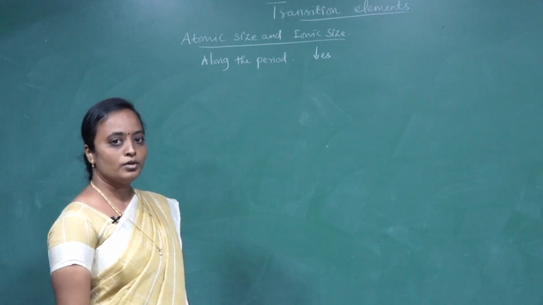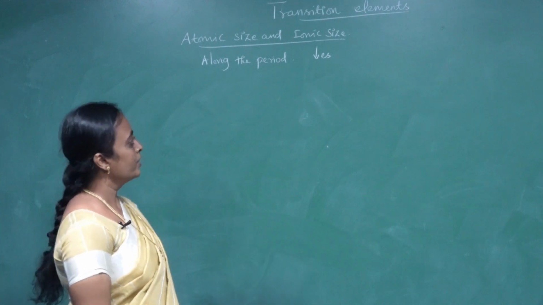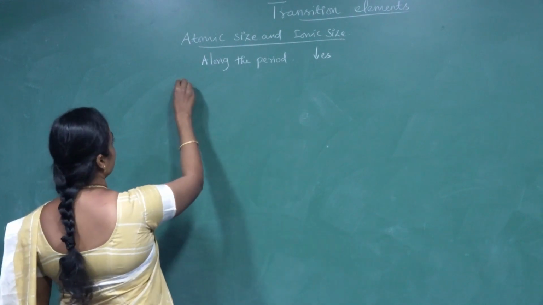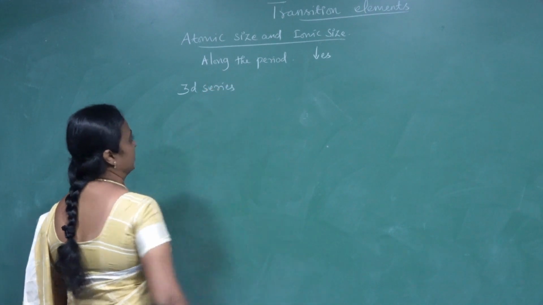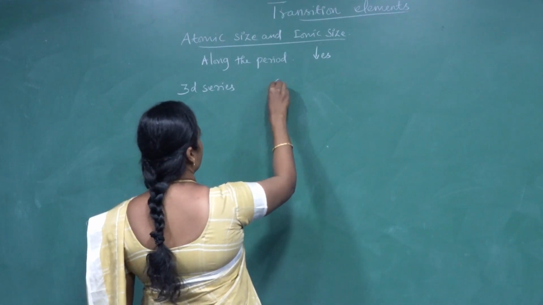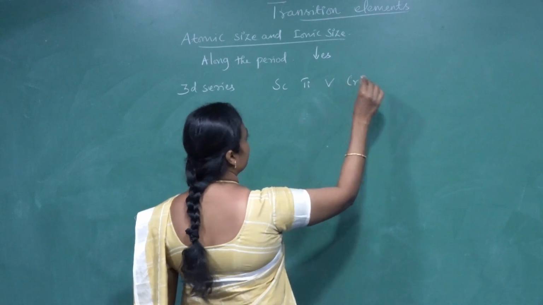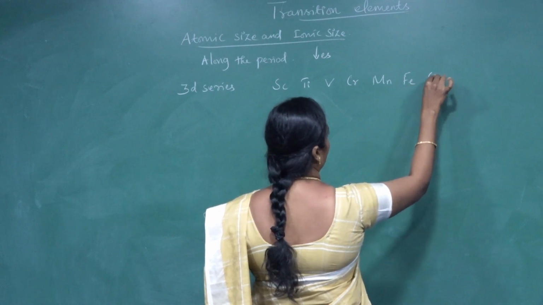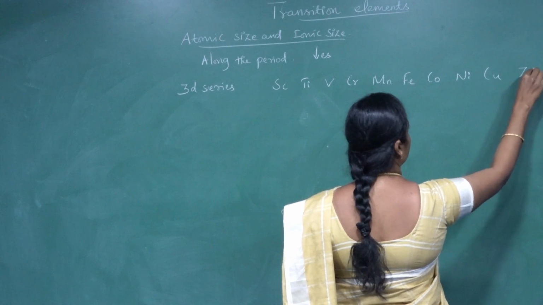We are going to discuss the 3d series, 4d and 5d series. Let me take the first one, the 3d series elements: scandium, titanium, vanadium, chromium, manganese, iron, cobalt, nickel, copper, zinc.